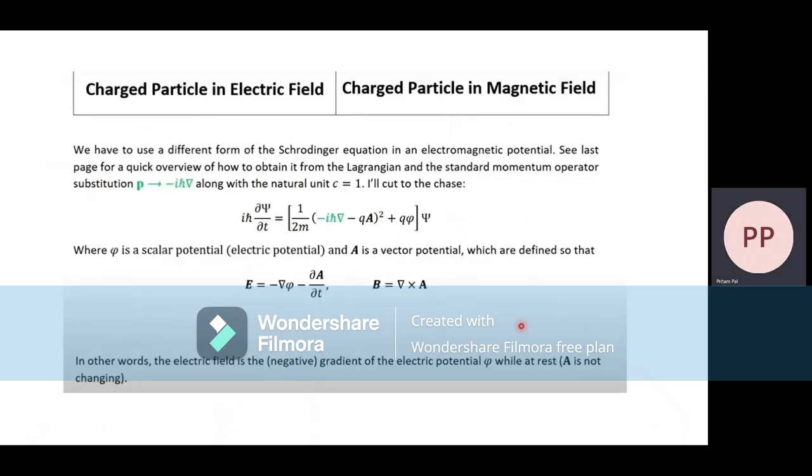I will leave the derivation for the lecture. It is quite simple: the Lagrangian, the standard momentum and the standard momentum operator substitution, essentially deriving this form of the Schrodinger equation from the Lagrangian, but I'm not going to go through that at this point.